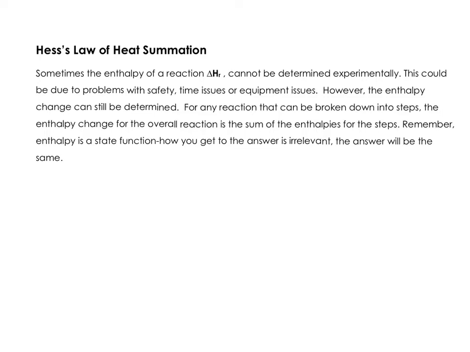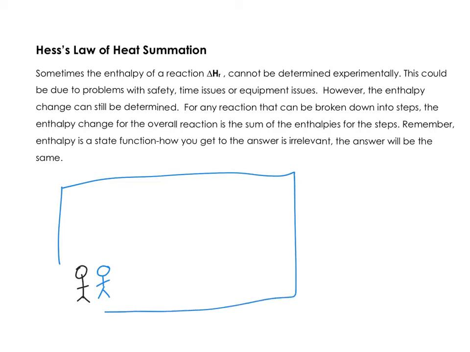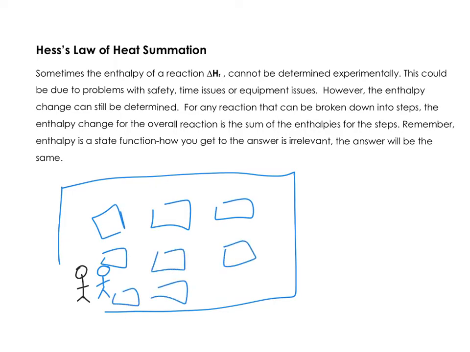So if you had two students, student A and student B, and they both needed to get to a spot in the classroom. Let's say these are desks. They both need to get over here.